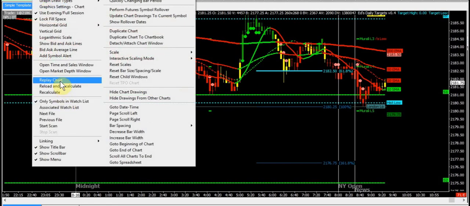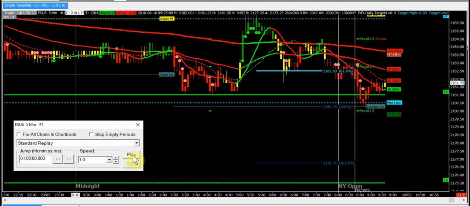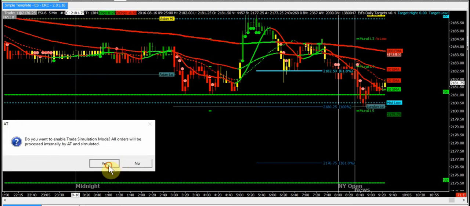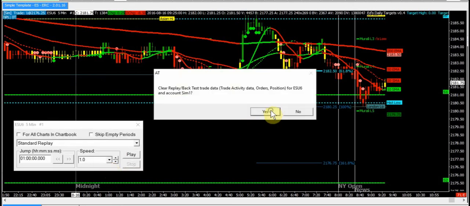So what I can do is put in a stop loss order, and let me replay the chart here real fast so we can do the simulation, because I'd like to show you how this works. The chart's loading up here.